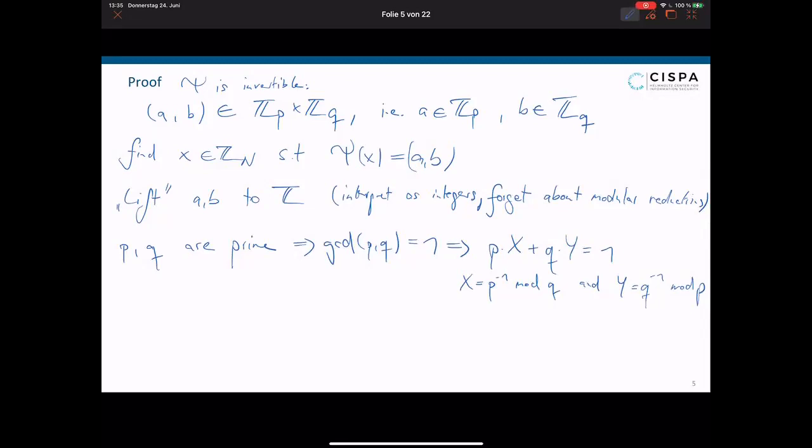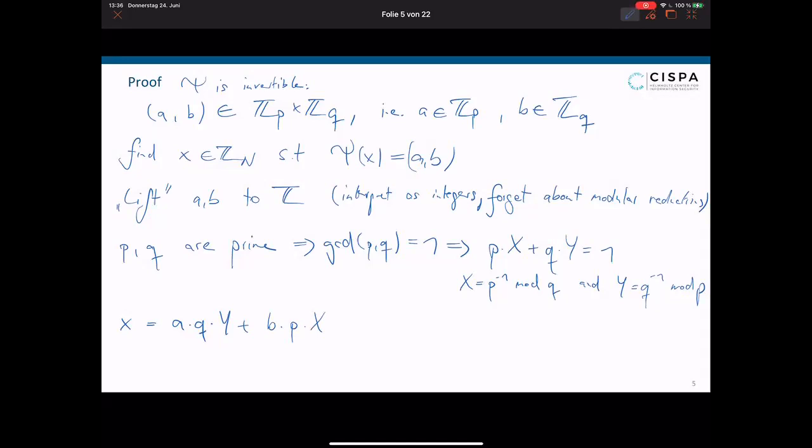I'm going to set x equal to, let's say a, and recall that I'm forgetting that a is in Zp, I'm just lifting it to Z, times Q times y plus b times P times x.